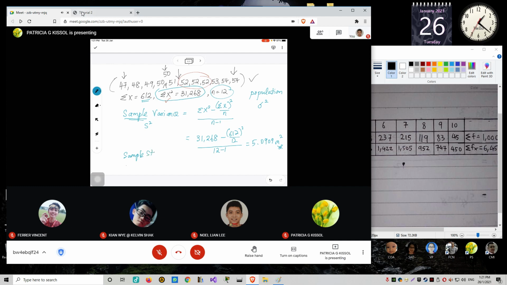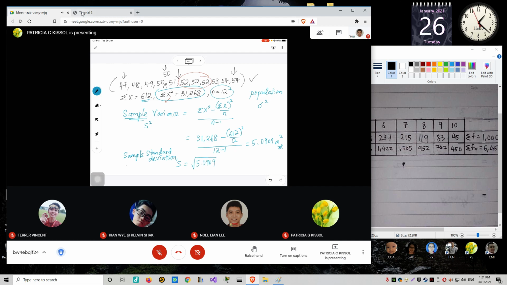So same thing for the sample standard deviation. It is symbolized as S. And what we do in order to get the sample standard deviation is simply square root the 5.0909.